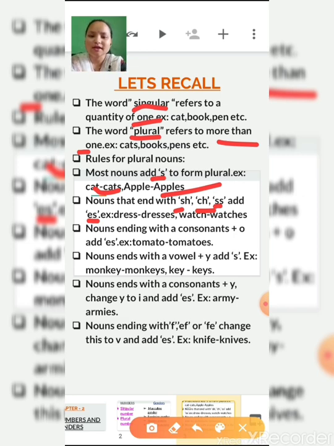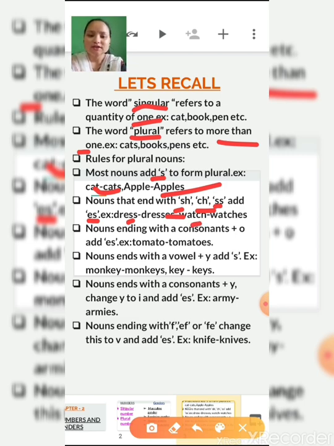Example, dress. Dress is ending with the double s at the end, right? So in singular it is ending with ss. To change it in plural, instead of ss, what have we written? Es. Now what has it become? Dresses, right?